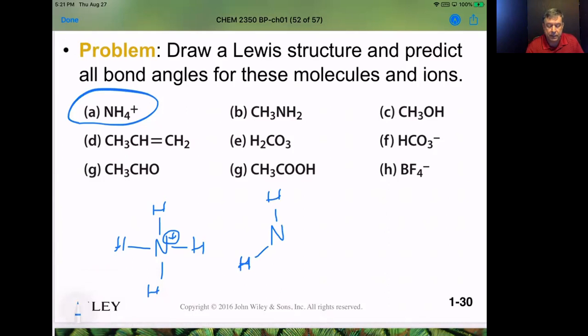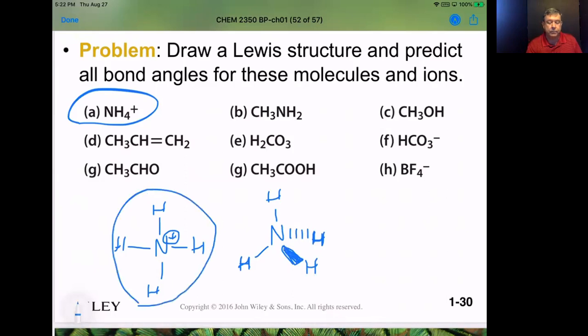We do that by saying a dashed line to this hydrogen tells us it's going behind the paper, to give it 3-dimensionality. And we're going to have to draw another one out in front of the paper, right here. And we do that with this solid wedge. So now we've taken our 2-dimensional Lewis dot structure and converted it into something that has 3-dimensional space.